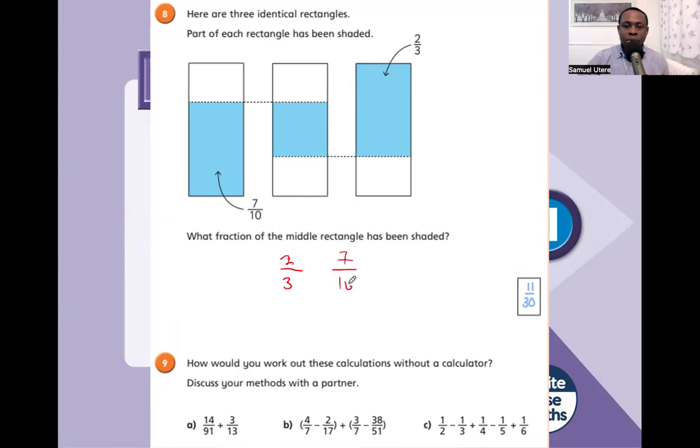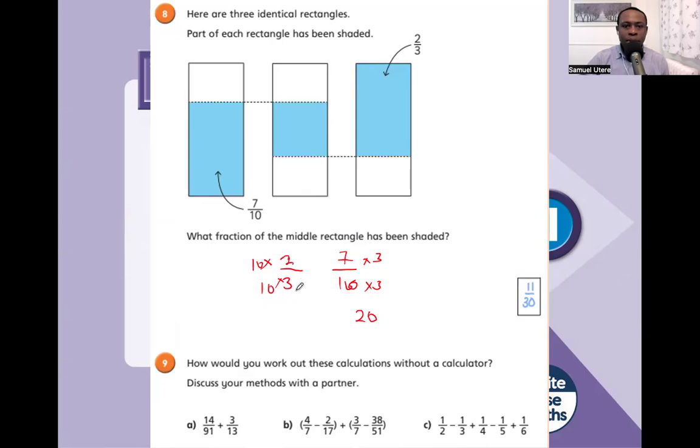If we multiply that by 3, that would be 30. And we'll multiply this by 10 to make it 30. So you now have 20, all right, and 21. Am I doing this right?